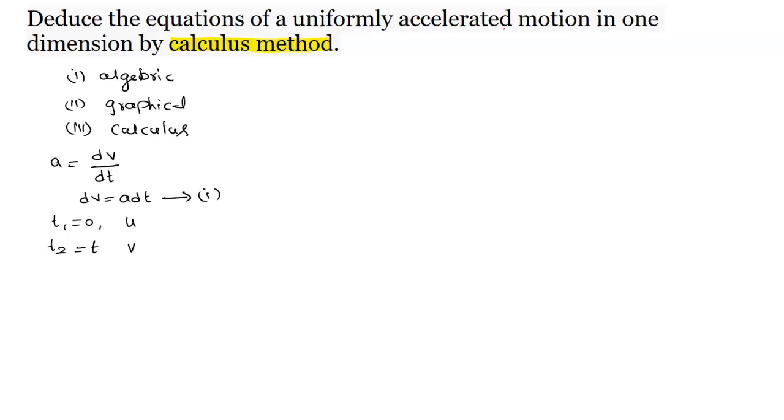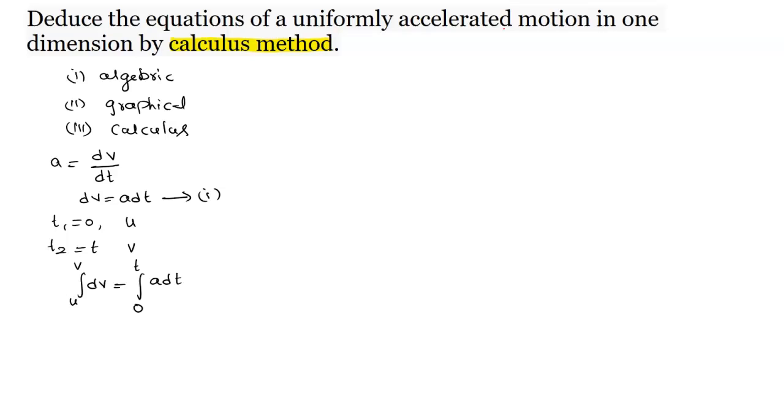These two are the limits. Integrating equation 1 using these two limits, therefore integral u to v dv is equal to integral 0 to t a into dt.